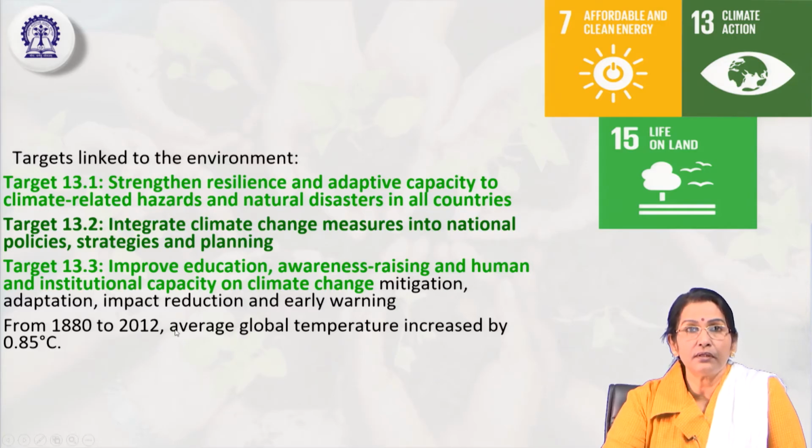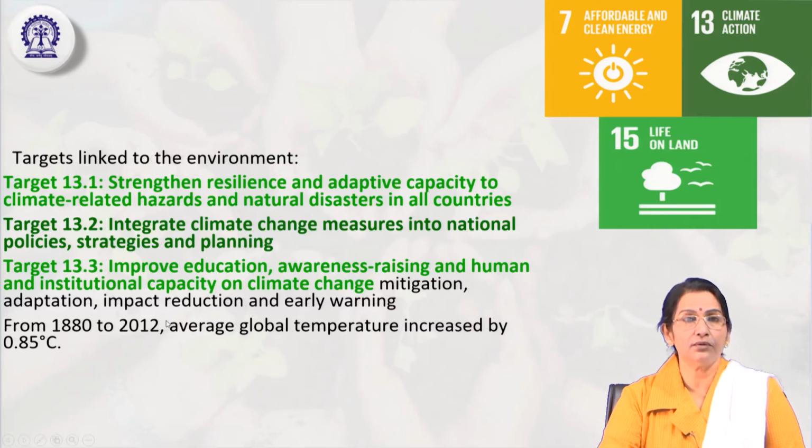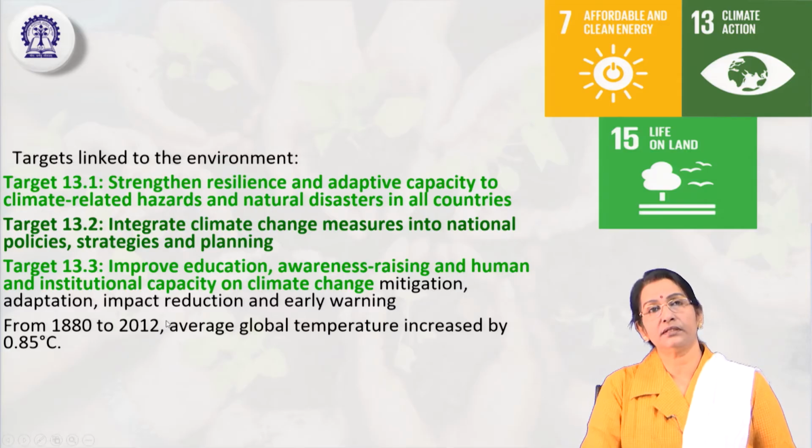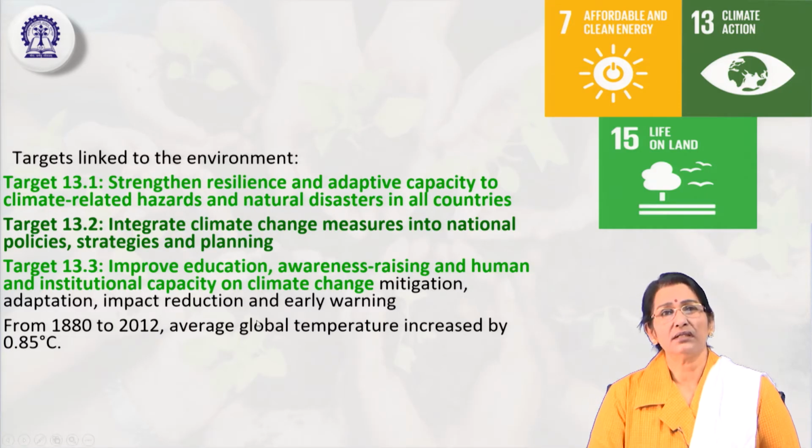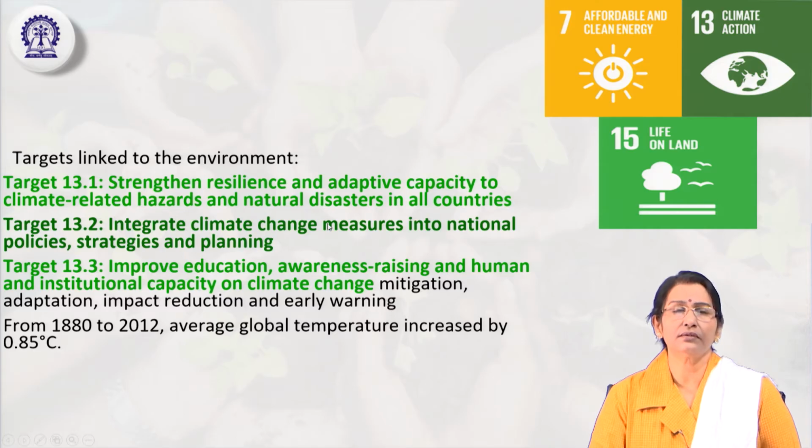The average global temperature has increased by 0.85. Gradually, as we can see, especially in the coastal areas, there is recurrence of natural disasters like floods, cyclones and all kinds of calamities.